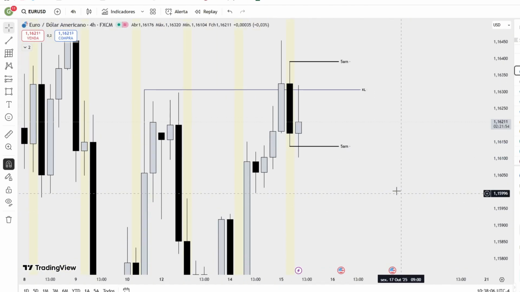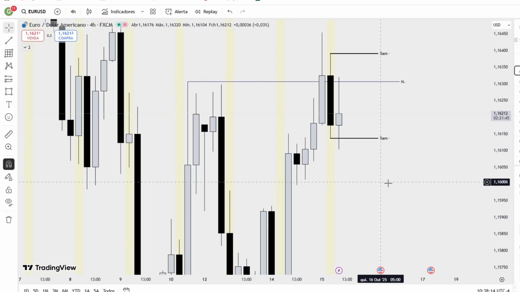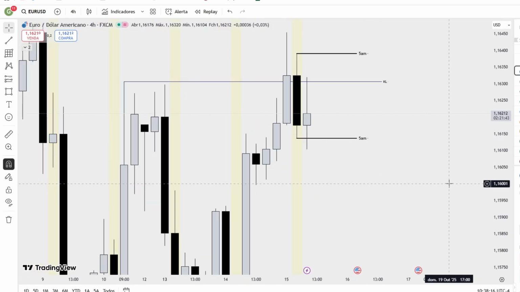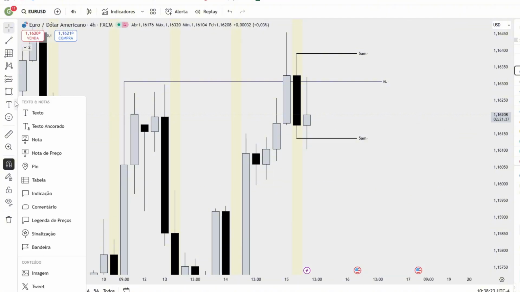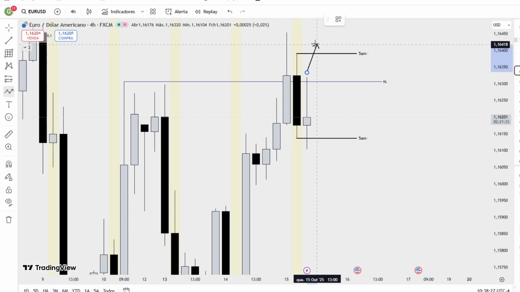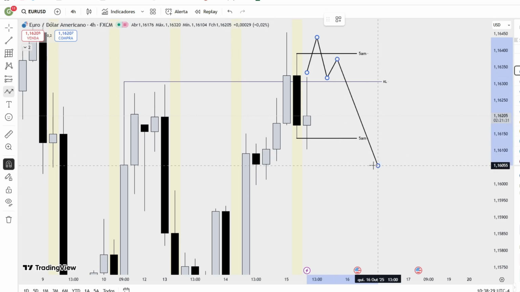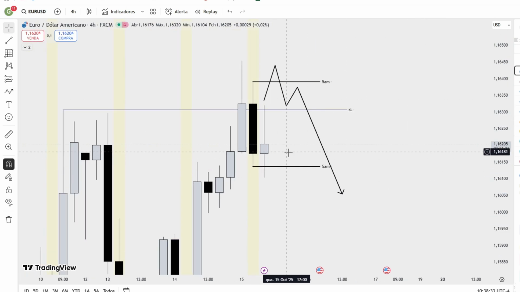The next candle, the 9 AM candle, purged the low of this candle, which is not an ideal move that we want to see. I really prefer the price comes and does something like this and goes down. This is my preference for this kind of trade.